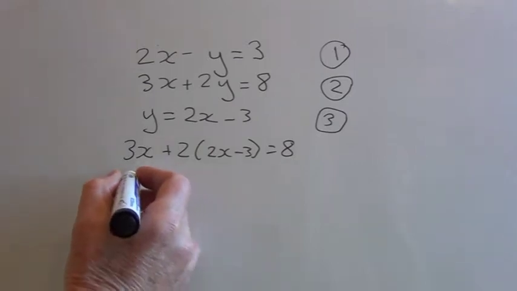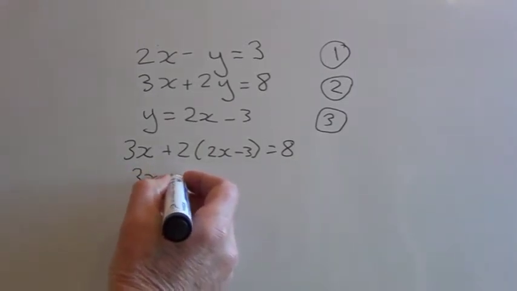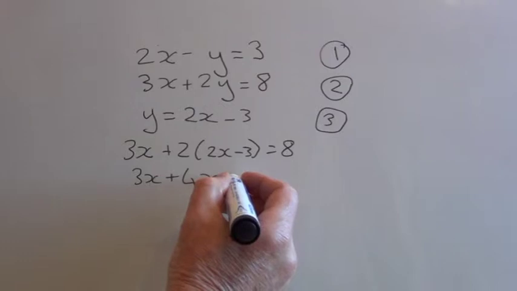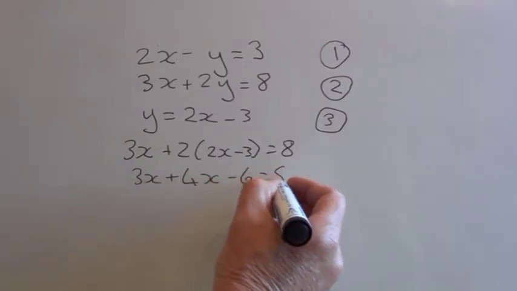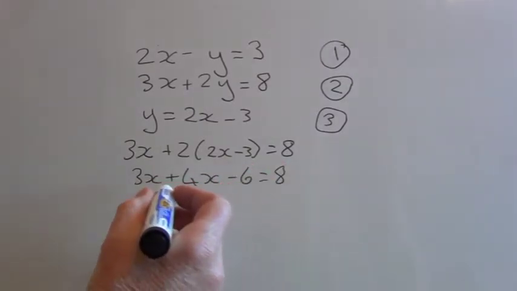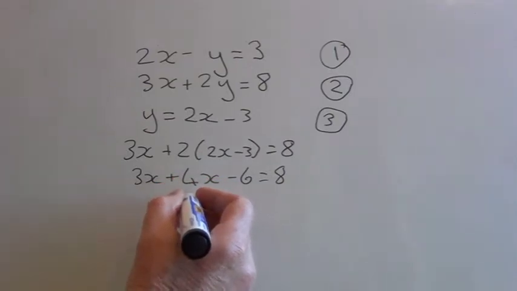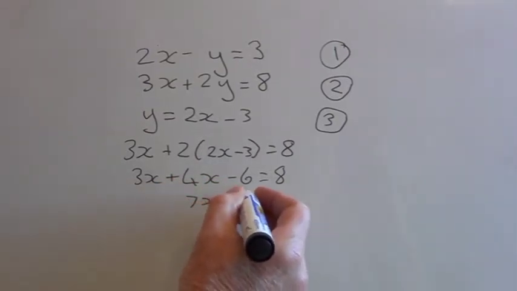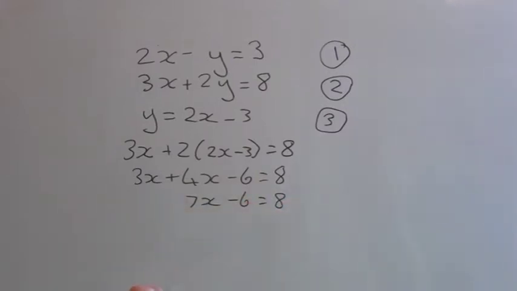Multiplying out the brackets, we get 3x plus 4x minus 6 equals 8, and then adding the x's together we get 7x minus 6 equals 8.